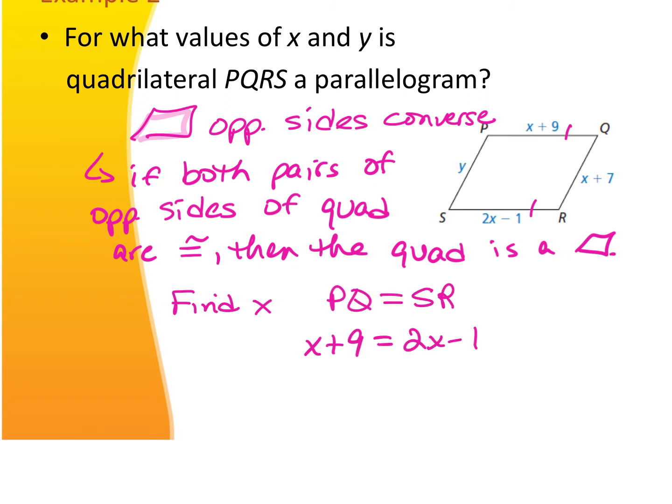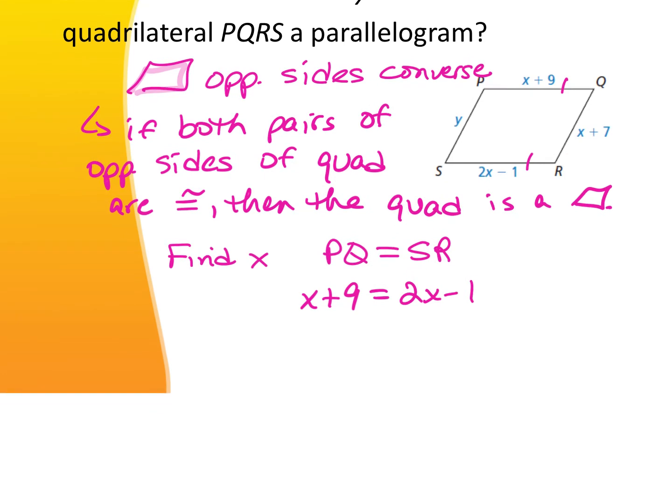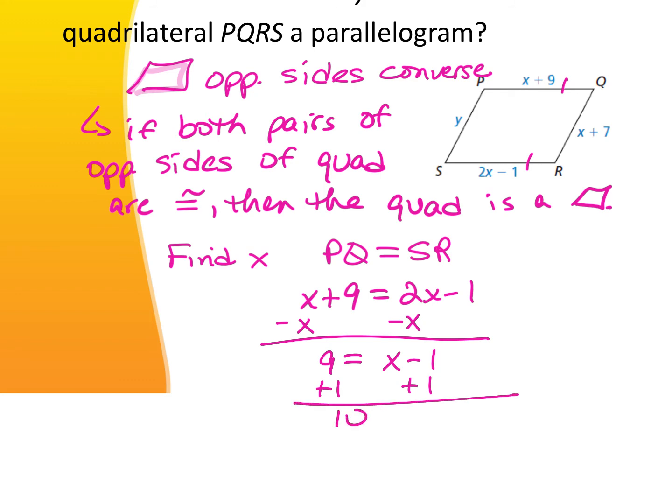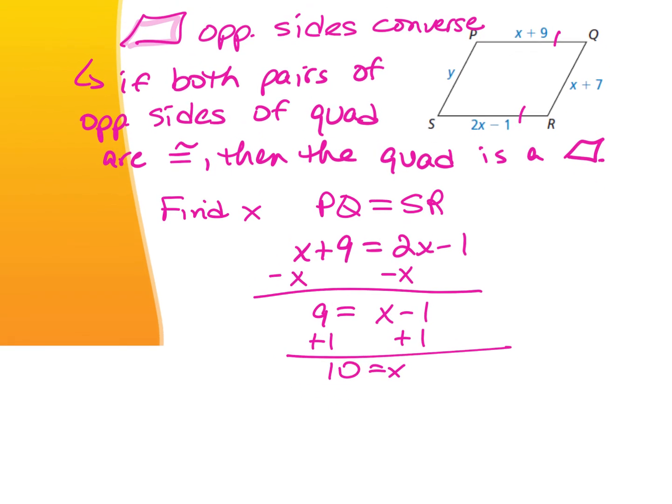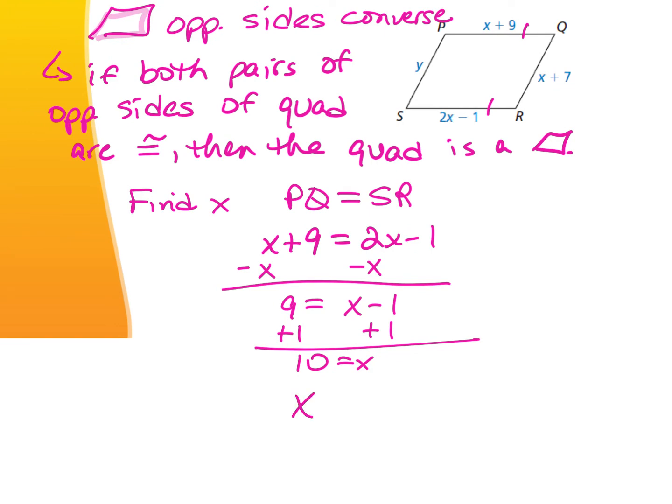I need to get my x's together, and I need to get my numbers together. So I'm going to subtract x. You could also move the 2, it doesn't matter. Then I'm going to add 1. I get 10 equals x. So my x value is 10.